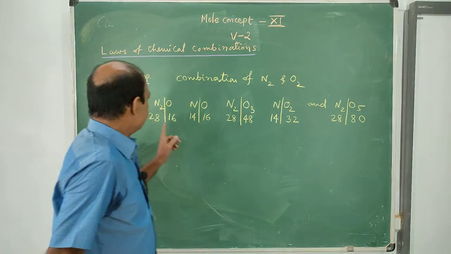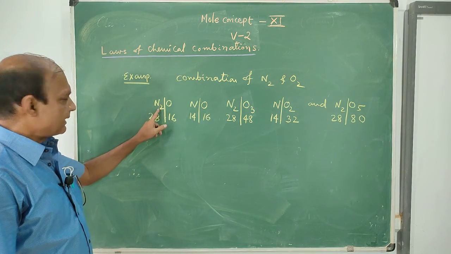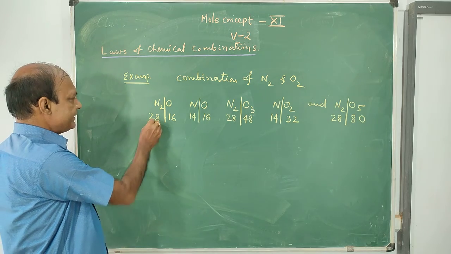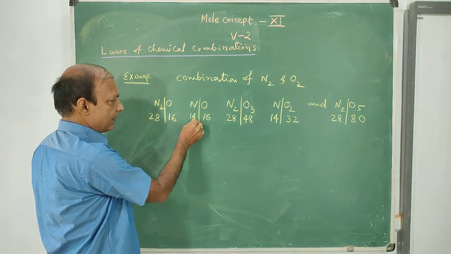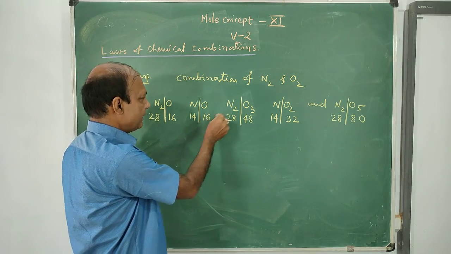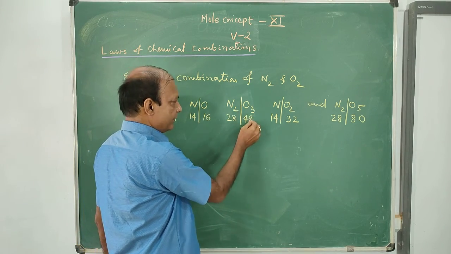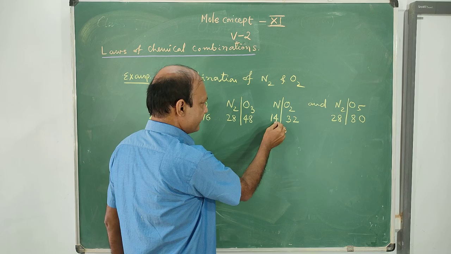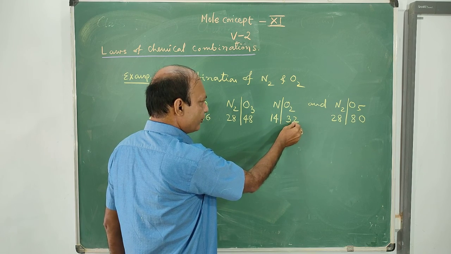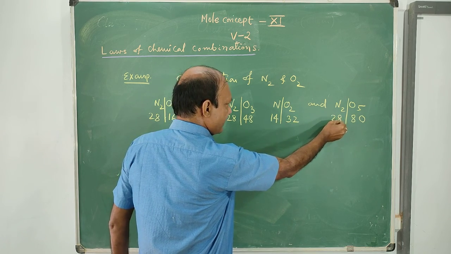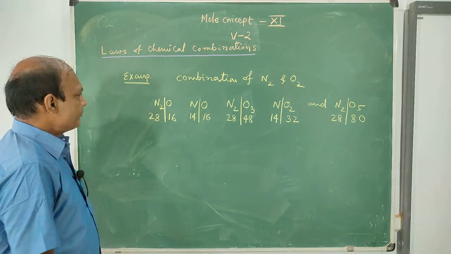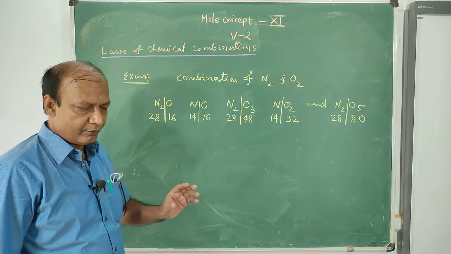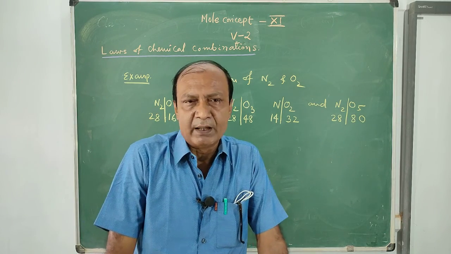You see that in the first case, nitrous oxide, 28 parts combined with 16 parts; 14 parts combines with 16 parts; 28 parts combined with 48 parts; 14 parts combined with 32 parts; and 28 parts combined with 80 parts. Now see, you can fix the part of any one element.